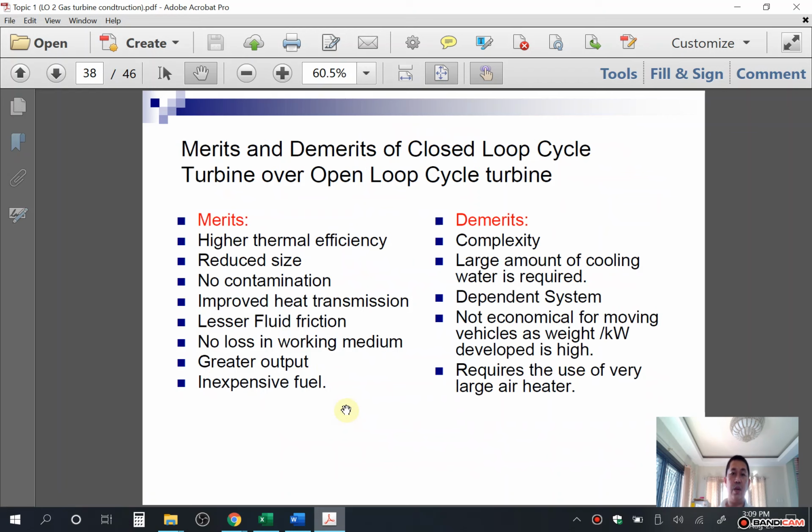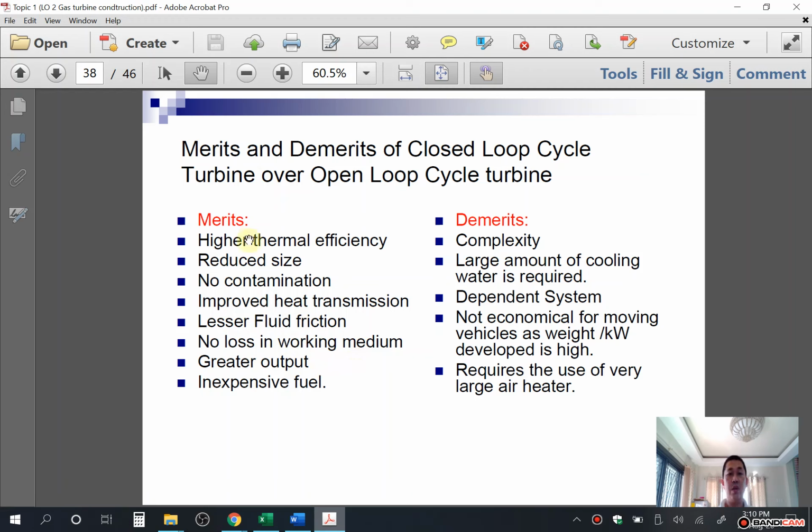So the merits and demerits, or pros and cons, or advantages and disadvantages, of the closed loop cycle turbine over the open loop cycle turbine. Merits: higher thermal efficiency, reduced size, no contamination, improved transmission, lesser fluid friction, no loss in working medium, greater output, can use expensive fuel.